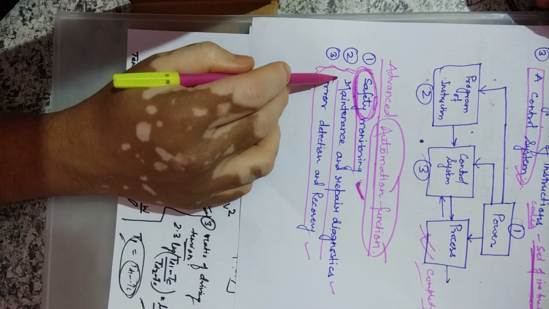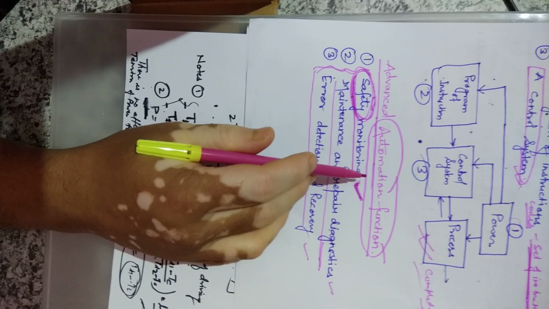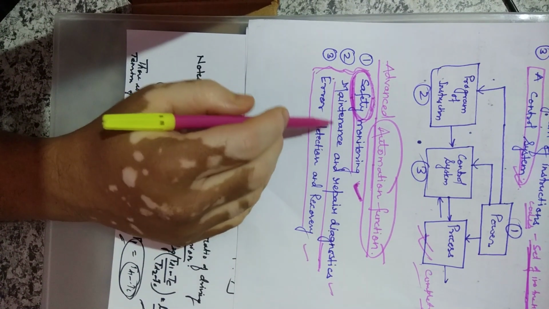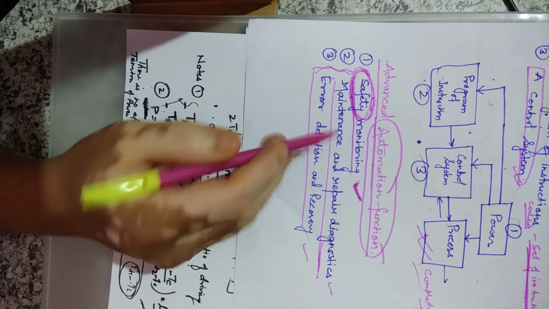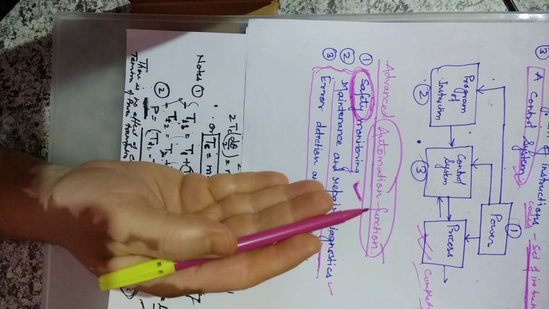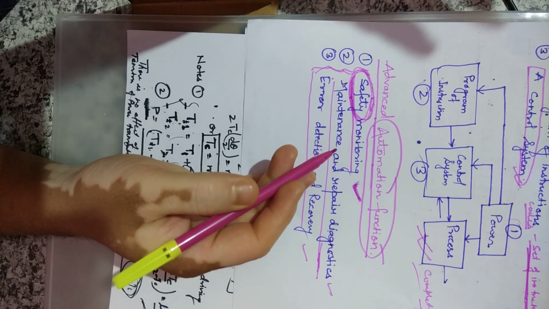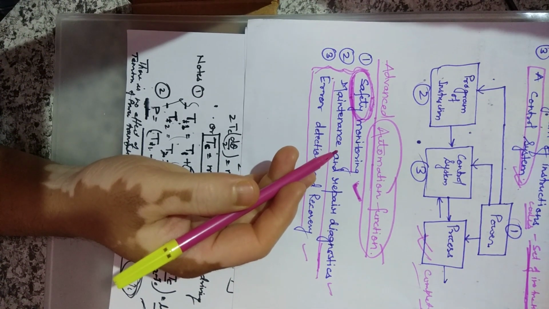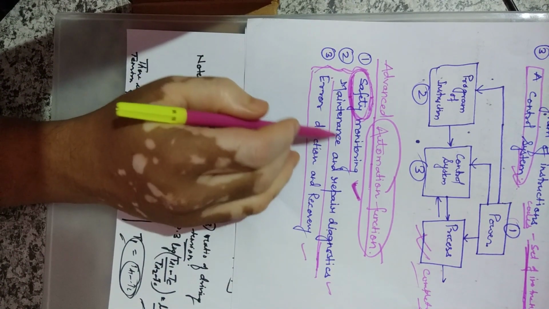The second is maintenance and repair diagnostics. An automated system basically works on self-maintenance and a repair diagnostic system. For example, if the machine needs lubrication, it can sense that at this point it needs lubrication, so it can maintain itself.